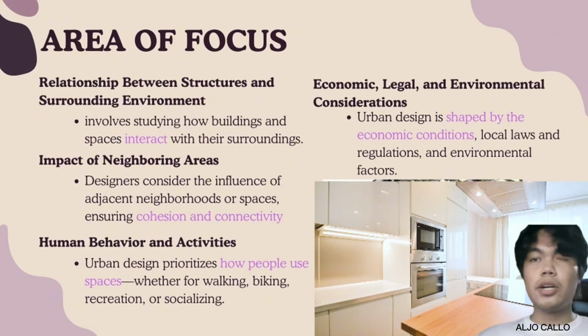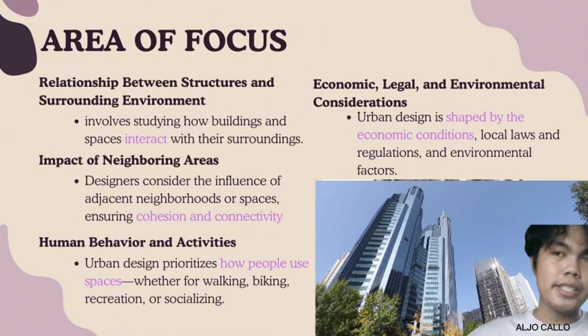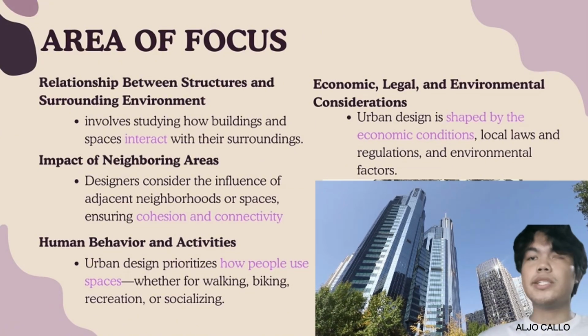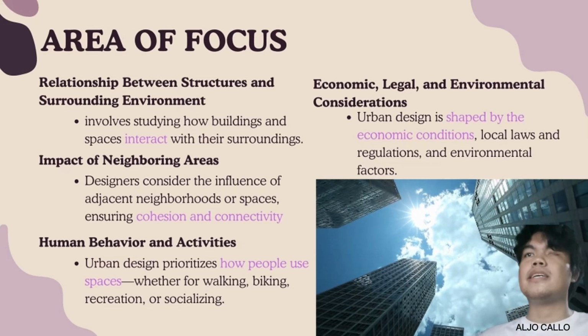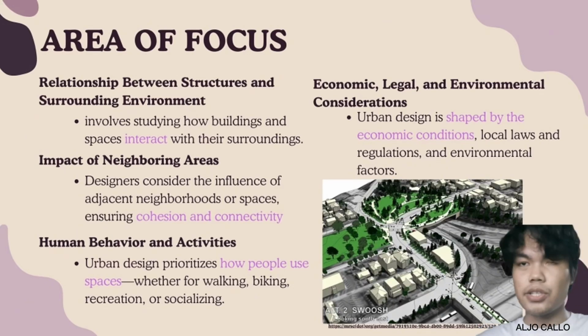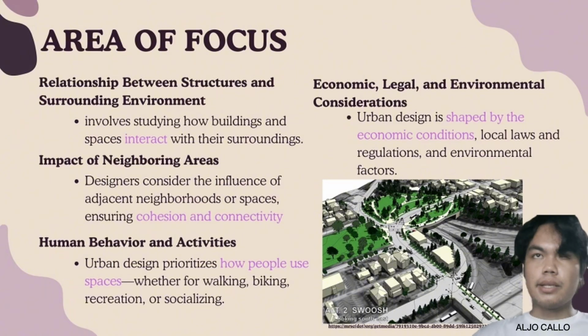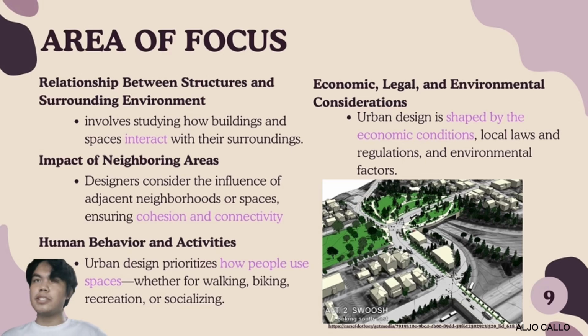Sama na sa broader scale or broader level na how each type of occupancy kay mag-work and coexist in harmony syempre sa isa ka community or city. This includes other buildings, landscapes, and natural features. So next is impact of neighboring areas. Designers consider the influence of adjacent neighborhoods or spaces, ensuring cohesion and connectivity.